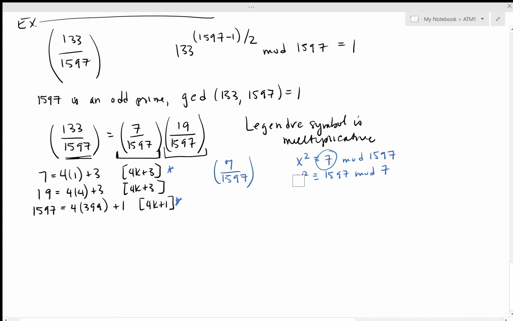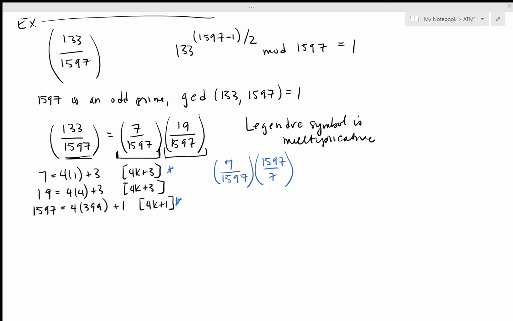So if I consider this product here, is 7 a quadratic residue mod 1597 multiplied by the answer to is 1597 a quadratic residue mod 7. That's what that is.